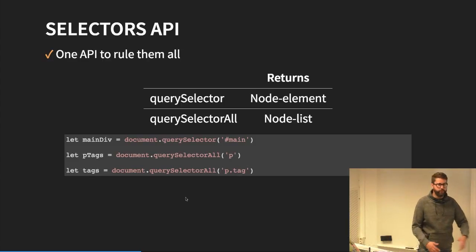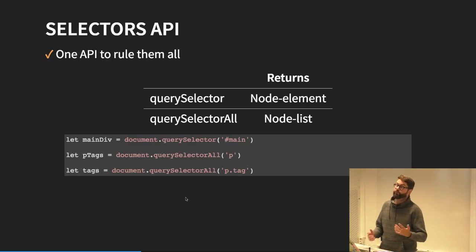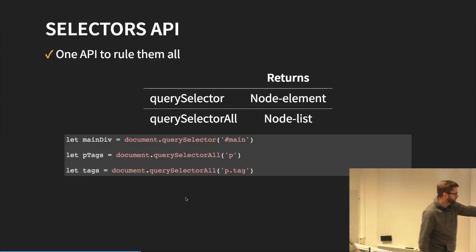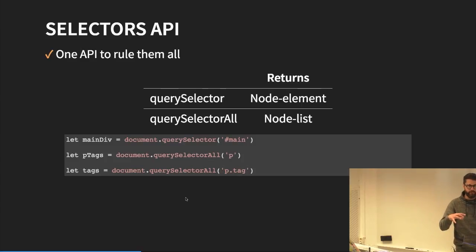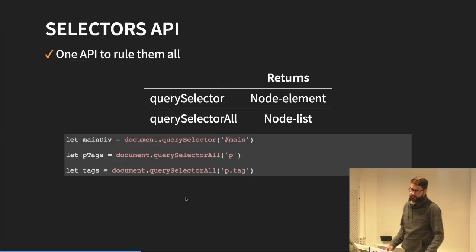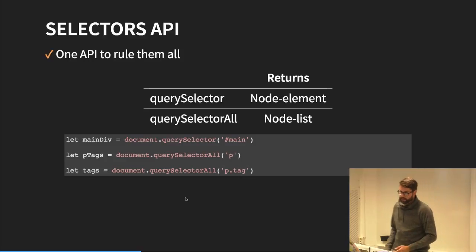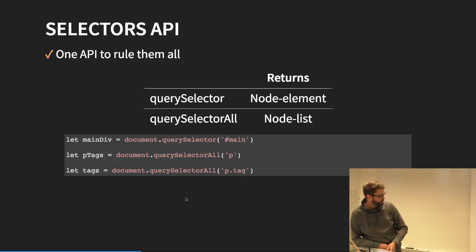So instead, if you would like to find the element with the ID main, you do a document.querySelector. QuerySelector, the first one, will give you a node element back. QuerySelectorAll will give you a list back. But we do a querySelector of main, and we will get the reference to that node. And querySelectorAll, and we write p, then we will get all the p elements back from the page.